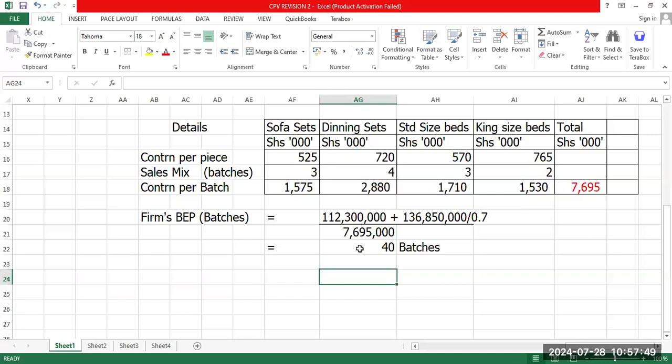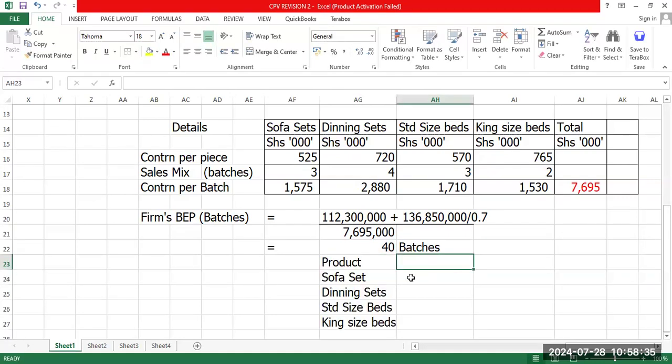If you want to convert from batches to units, to pieces, what you're going to do now is look at each product separately. Here, for this one, the batch for sofa set is 3, isn't it?